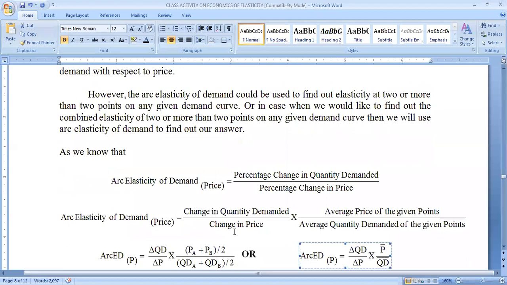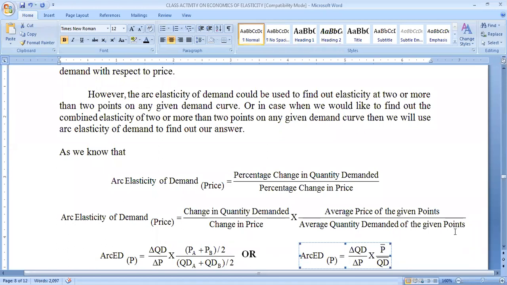But now we have modified our formula by taking the change into one fraction and the without-change information into another fraction. So in the first fraction we have change in quantity demanded divided by change in price, multiplied by average price of the given points divided by average quantity demanded of the given points. Now just imagine if we have more than 1 point upon a demand curve.